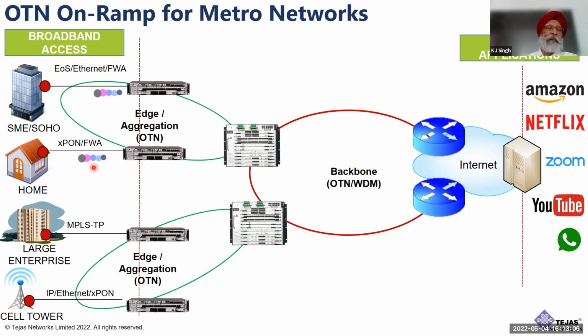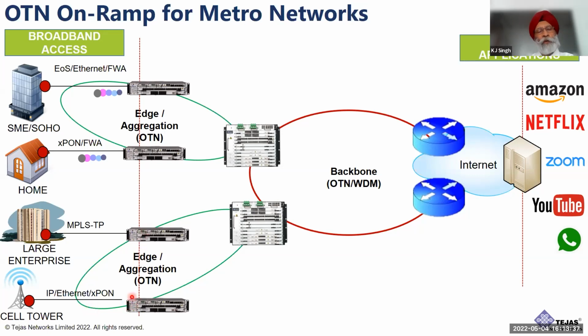And if there are broadband access or enterprise services that need, let's say, 3 gig or 5 gig service, you can use ODU Flex to deliver those services. So an edge box that is capable of OTN on the uplink and supports a number of different client interfaces and client technologies is something that a lot of operators like.